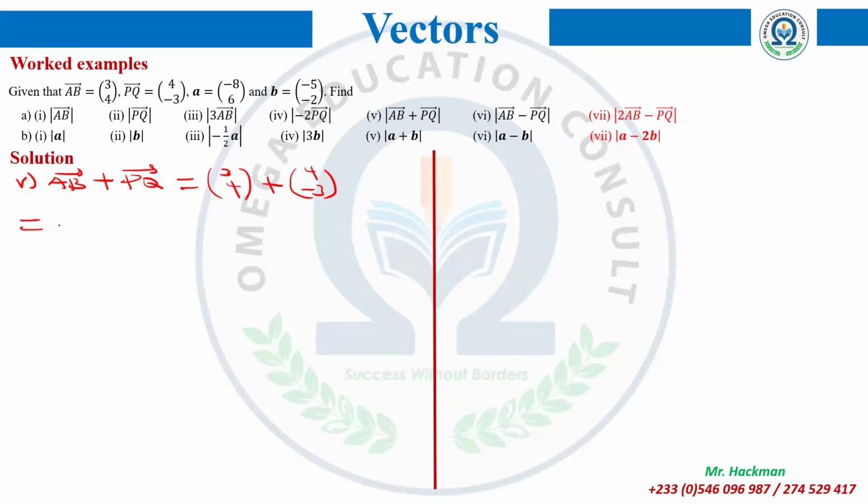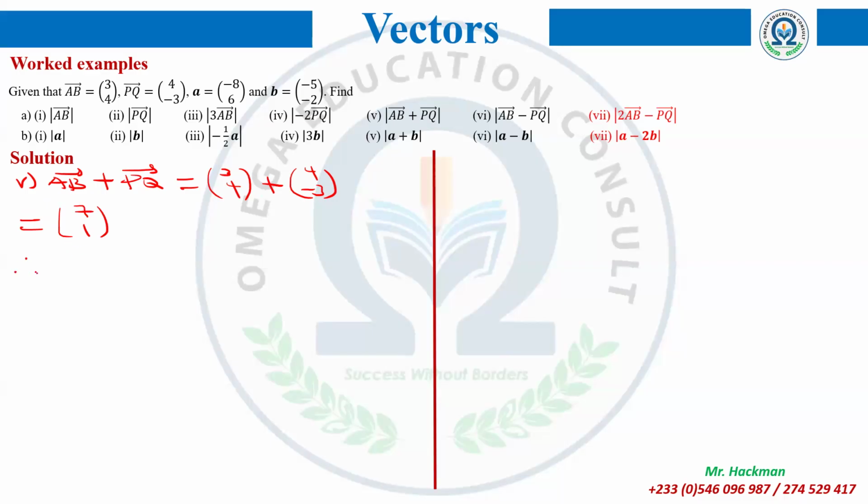Now we add mentally. 3 plus 4 will give us 7. 4 minus 3 will give us what? 1. So now at this point, you know the vector, so you can go and find its magnitude.